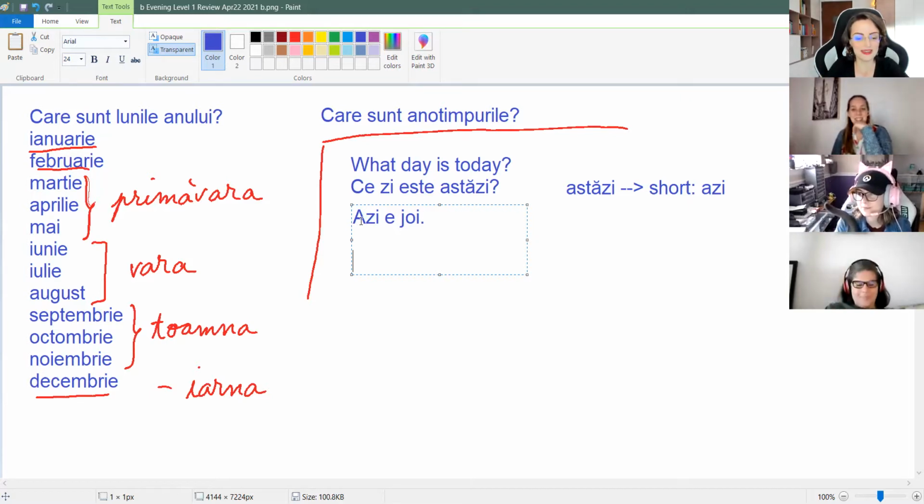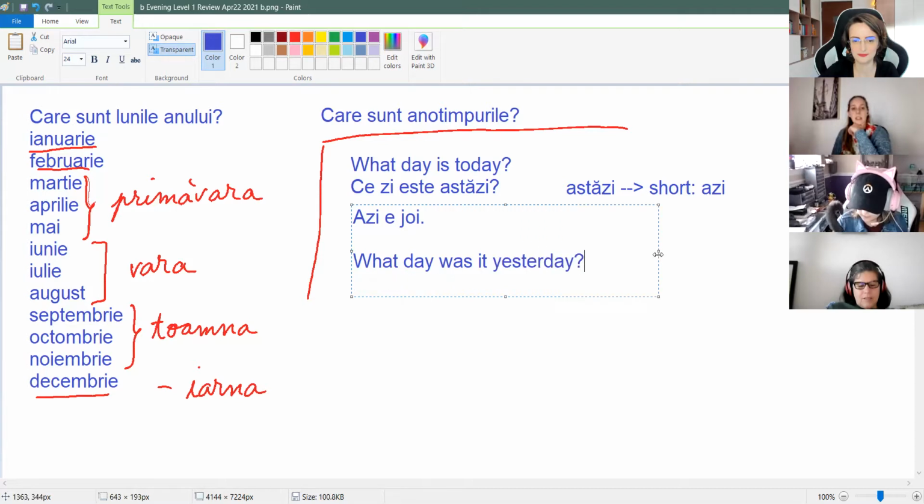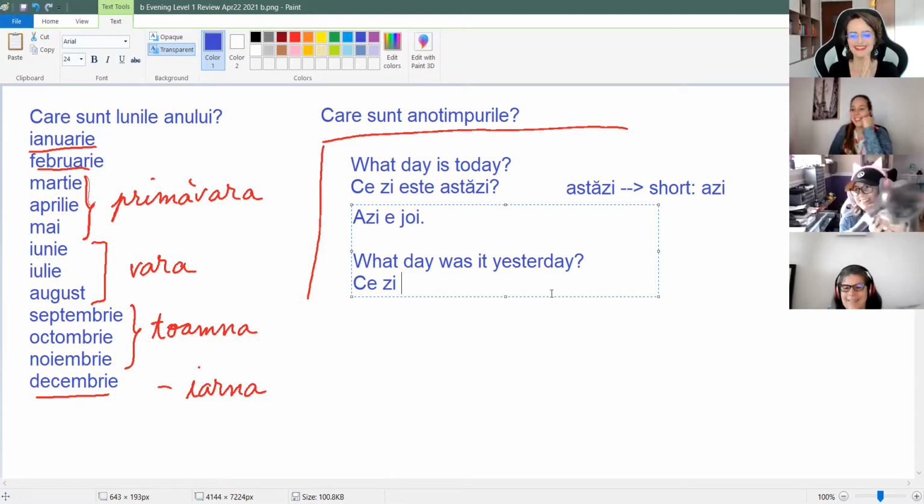How would you ask, what day was it yesterday? Ce zi este? Was. Remember that part about its past tense? A fost. You see, a fost.